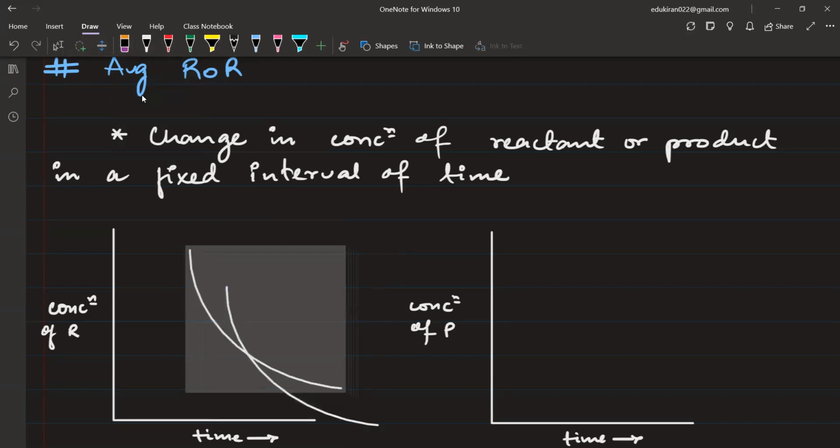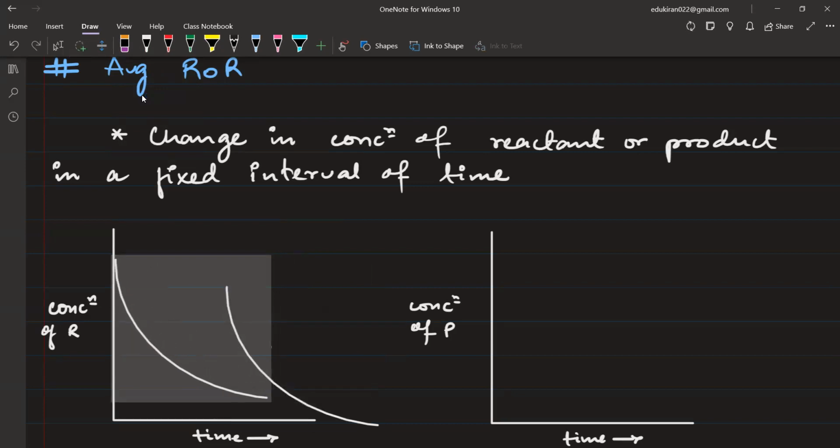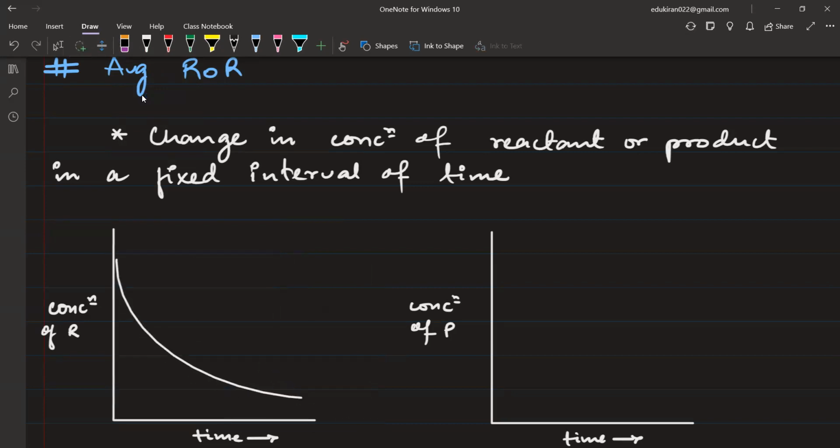So the plot is going to look something like this. Right? So this was the initial reactant. So I generally write this as R0. That means the reactant at time 0 will be something. And slowly the concentration of reactant is going to decrease.